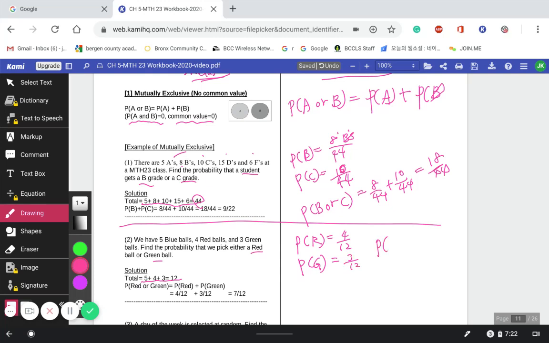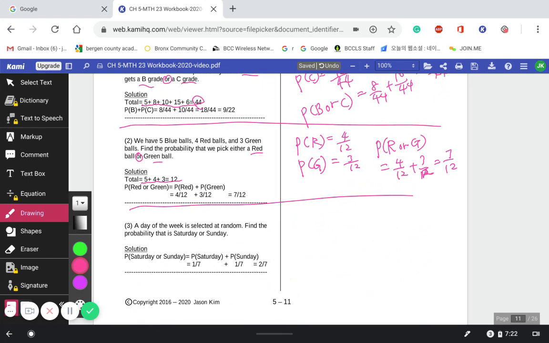So the probability of red or green would be 4 out of 12 plus 3 out of 12, which makes 7 out of 12. Because they say or between two different events, you add them.